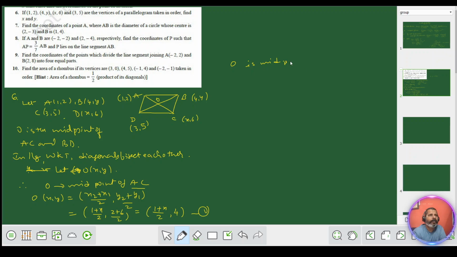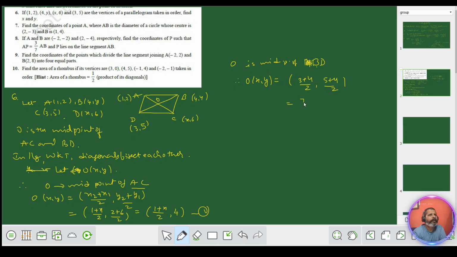Therefore O(x, y) equals, no need to apply the formula again, it's already applied, BD it is ((3 + 4)/2, (5 + y)/2). Oh sorry, it is 5 plus y, I thought it was 4.